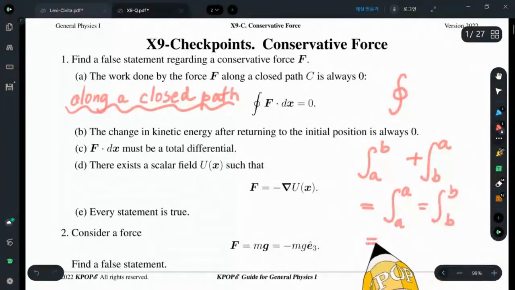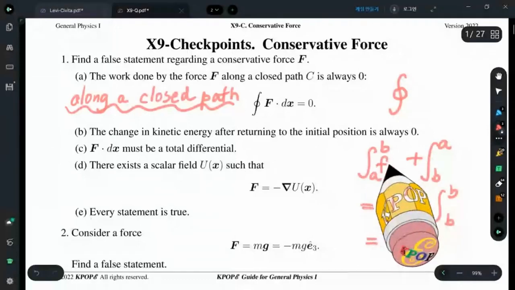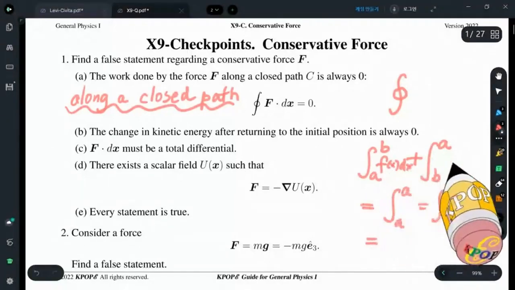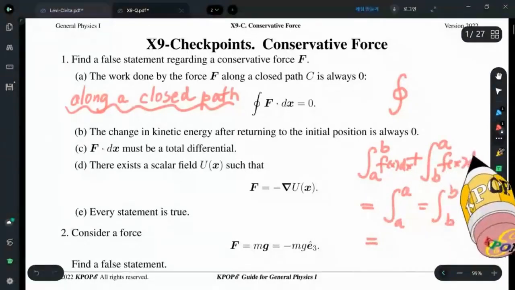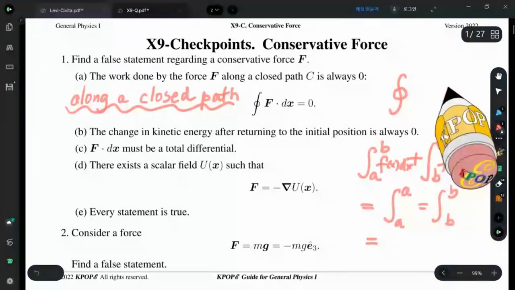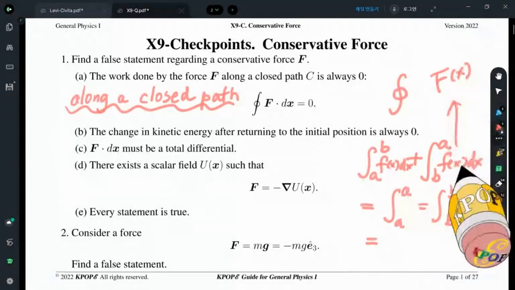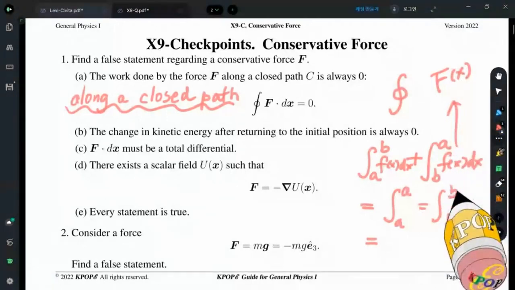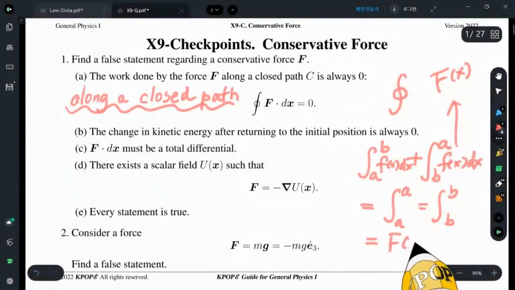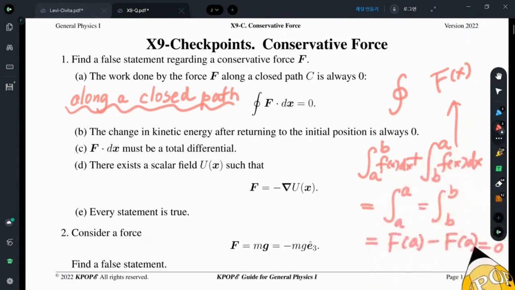If it is f of x dx, and we have a primitive function, capital F, whose derivative is small f of x, then it is F of a subtracted by F of a, and that vanishes in the one-dimensional case.